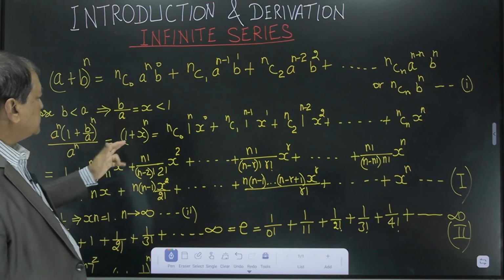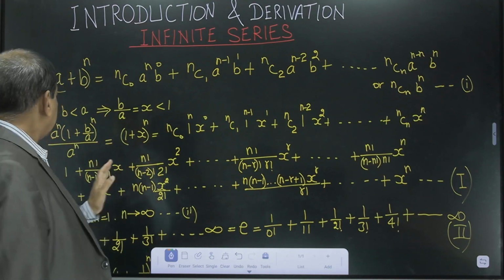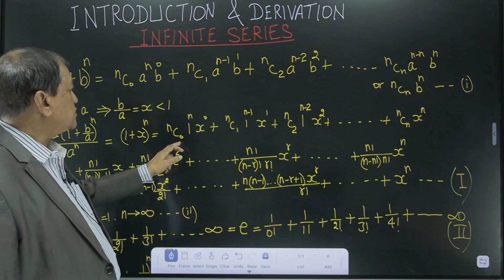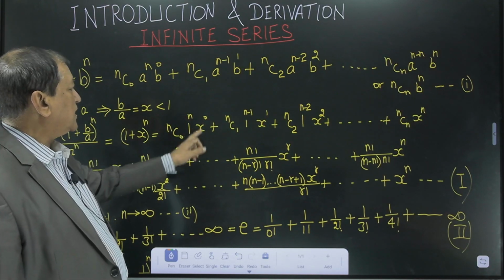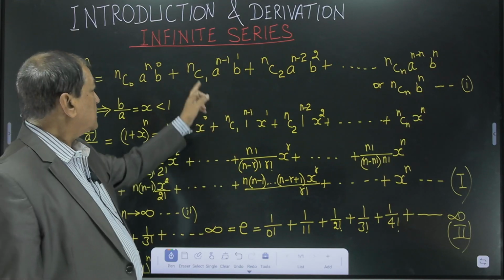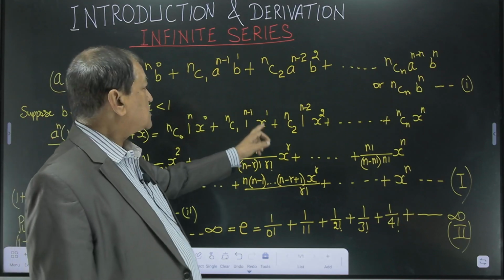So it becomes (1 plus x) raised to the power n, and that is equal to nC0, a is 1, so 1 raised to power n, x raised to power 0, plus nC1 1 raised to power n minus 1, x raised to power 1.